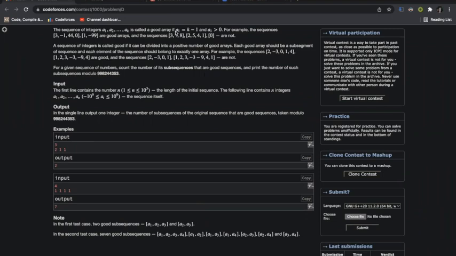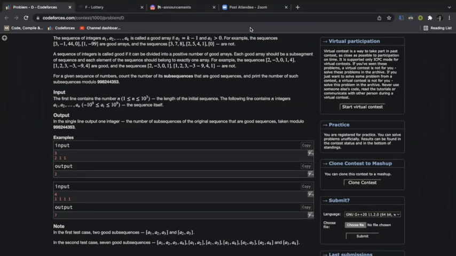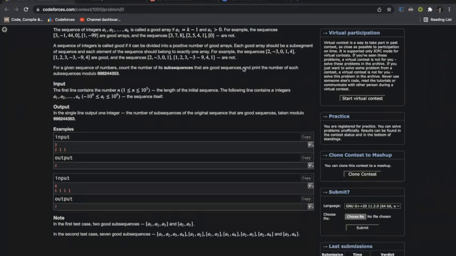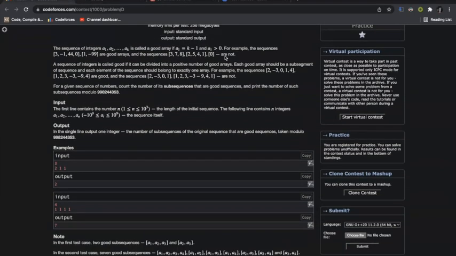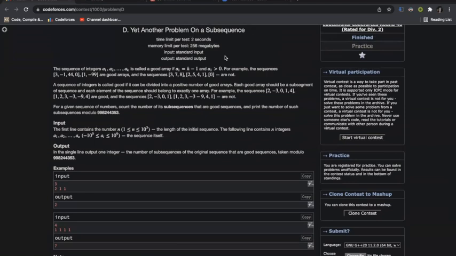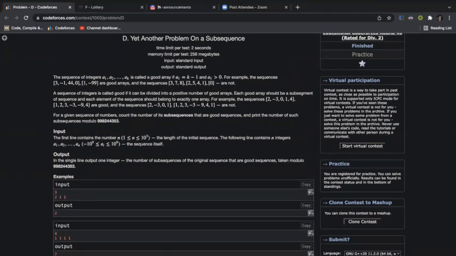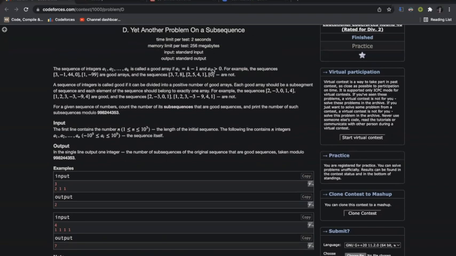So we can at least discuss what states our DP should represent here. So any guesses, any ideas, anyone?